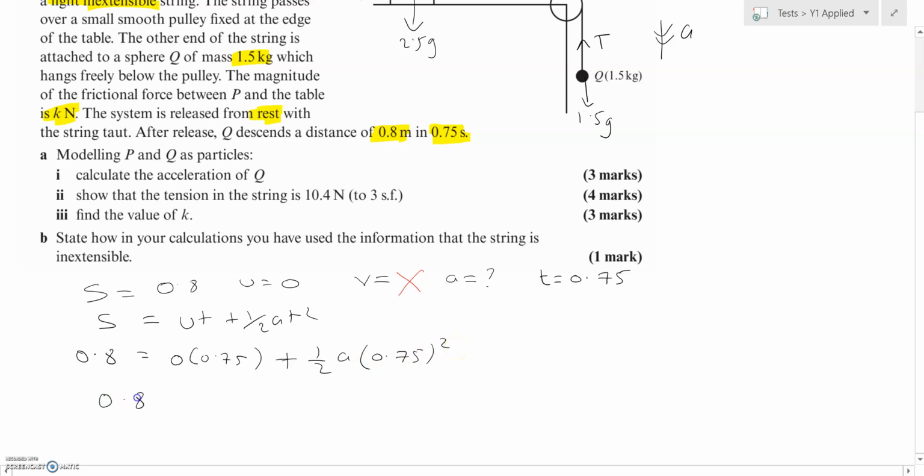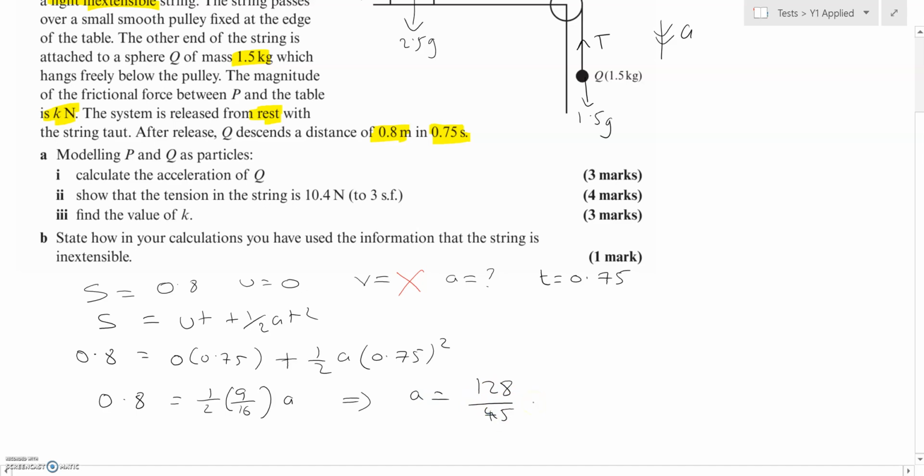So it's going to be 0.8, this term becomes 0, and 0.75 squared is 3/4 squared, which is 9/16. So this is going to be half times 9/16 times A. If you rearrange that to work out A, you get A as 128/45.